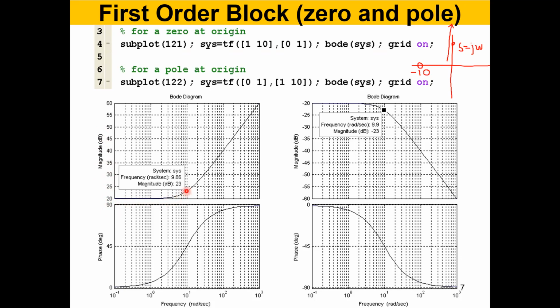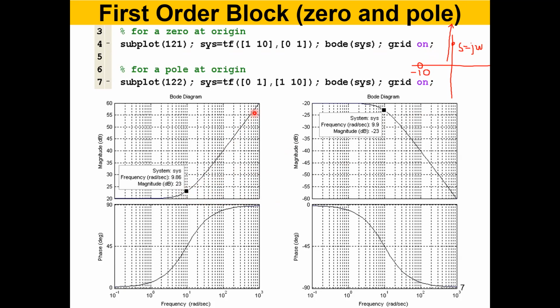And when you include omega equals 10, which is equal to this one, you have an additional 3 dB gain. So altogether 20 plus 3 is 23 dB. And after that, as you increase frequency, you get higher and higher gains.